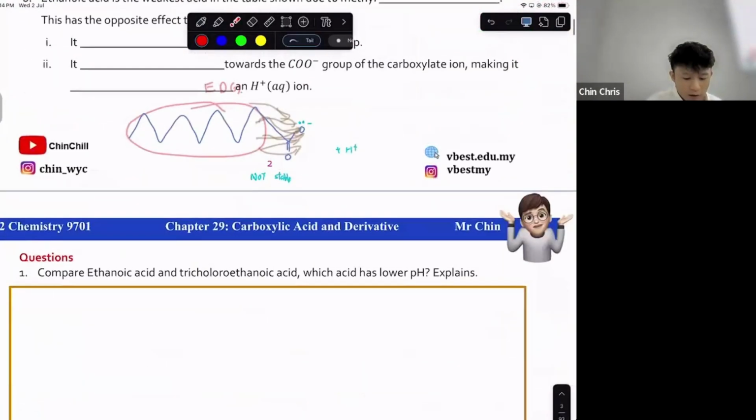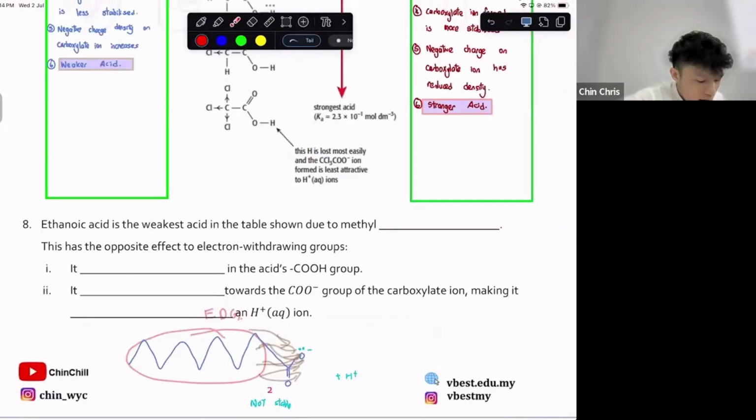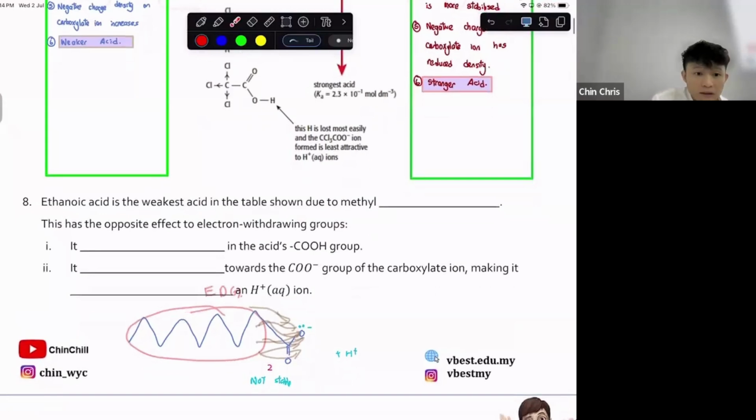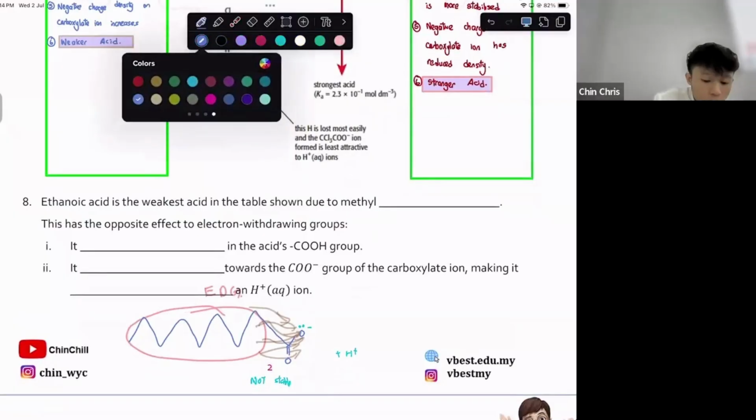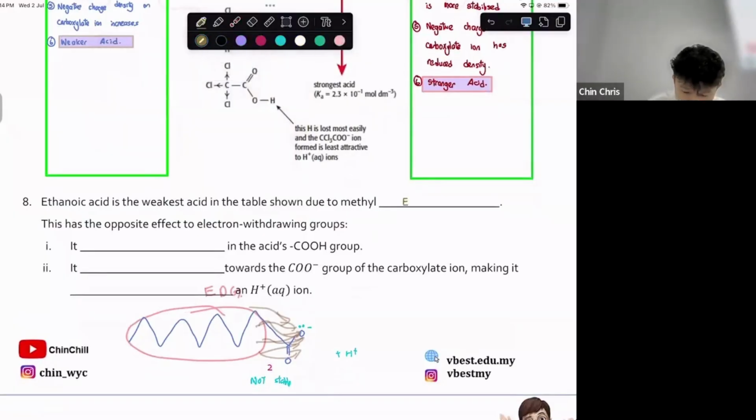All right, guys, now let's go. Okay, ethanoic acid is the weakest acid. Due to methyl, why? Again, we have methyl, an electron donating group, EDG, right? All right, guys, please tell me now, EDG, what's the effect?